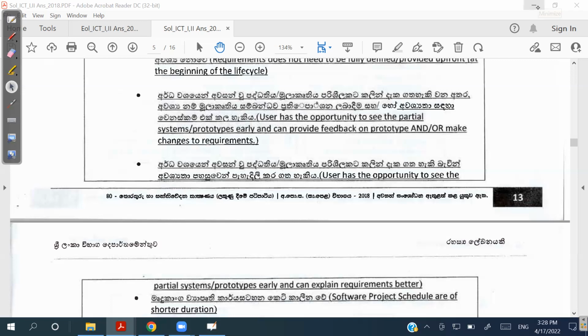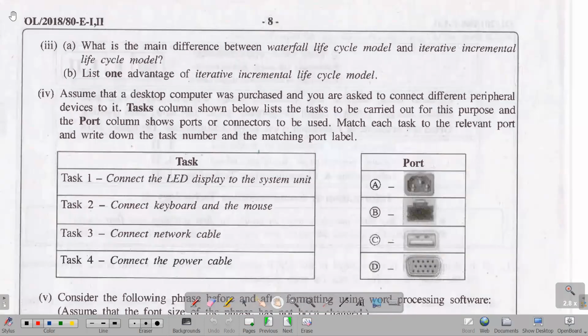Okay. Right. So moving to the next one. It is asking, assume that a desktop computer was purchased and you are asked to connect different peripheral devices. So in short, they are asking how we are going to connect these things, right? It's easy.